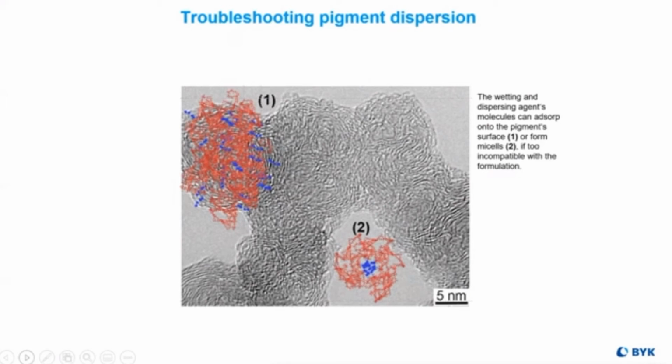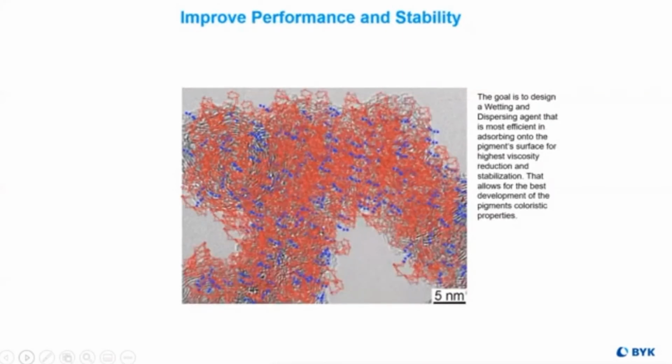Two, selecting an incompatible additive that now prefers to create micelles. Well, of course, if it's not covering the pigment at all, we're not going to get any benefits. But in addition, we're also going to find other problems in the system like foam generation. The goal is to improve the pigment affinity and the coverage for optimal performance and stabilization.